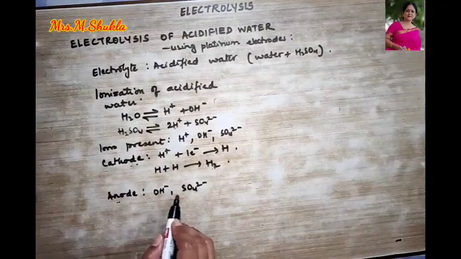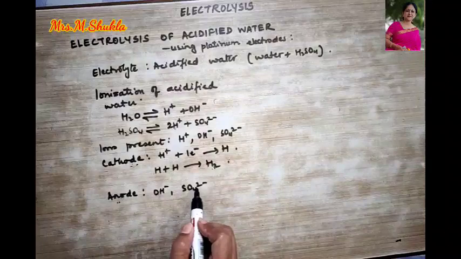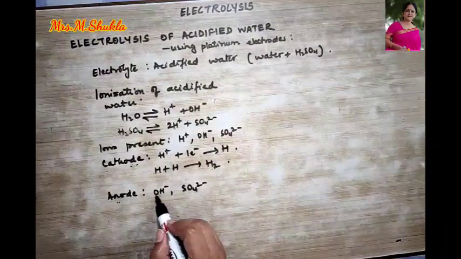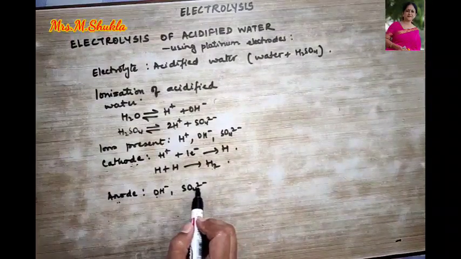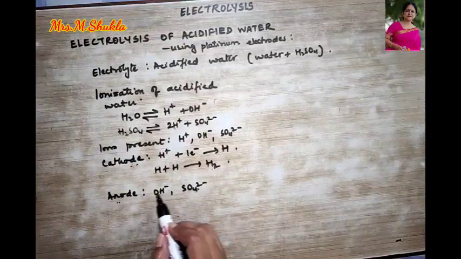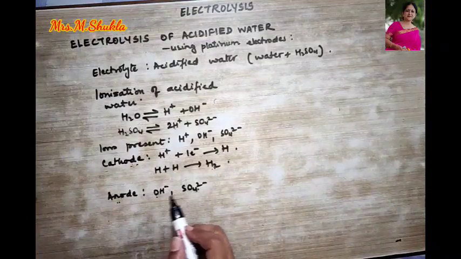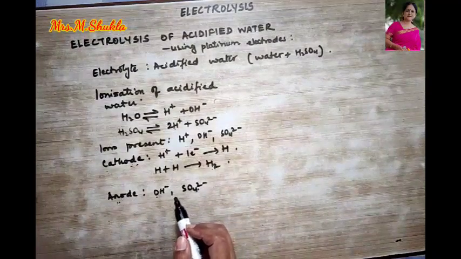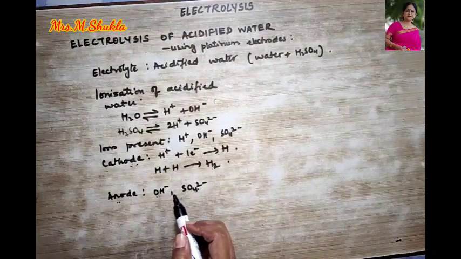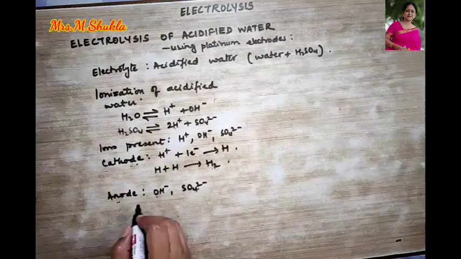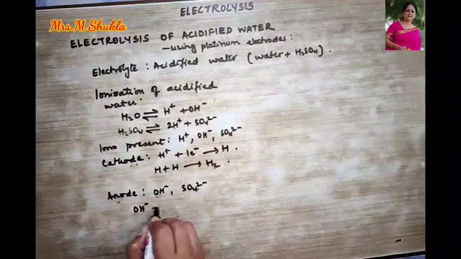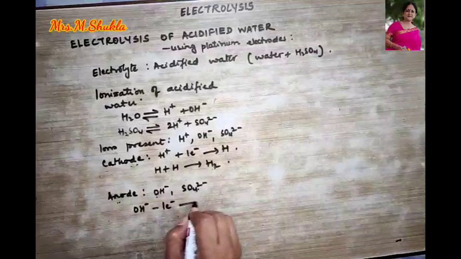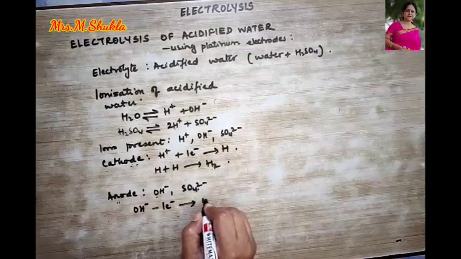Now let us see what happens at anode. At anode, we have two ions, the hydroxide ion and the sulfate ions. Okay, they both have migrated towards anode. But over here, who is going to get the preference? The one which is found lower in the EC series. So who is lower in the EC series? Hydroxyl ion. So this is going to lose one electron, and what is it going to form?